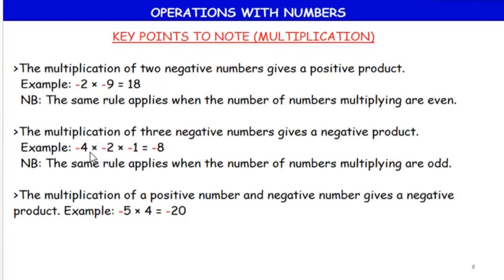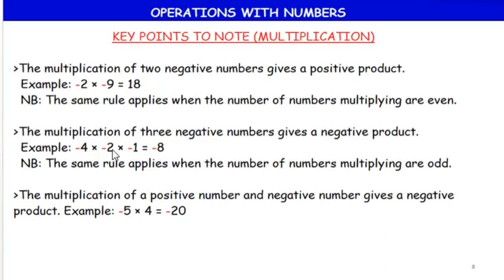The reason is that negative 4 times negative 2 gives us positive 8, and positive 8 times negative 1 is going to give us negative 8, because the last rule tells us that the multiplication of a positive number and a negative number gives a negative product. So negative 5 times 4 is negative 20. So this explains why the multiplication of three negative numbers gives a negative product.